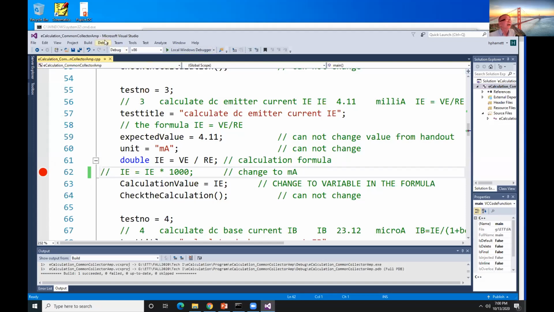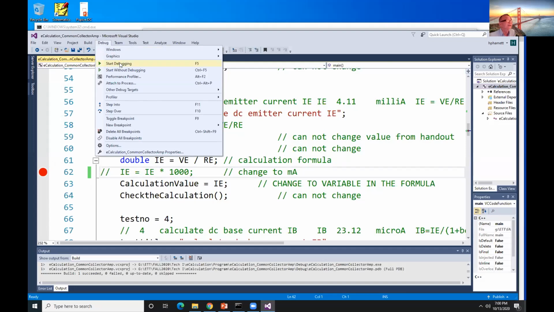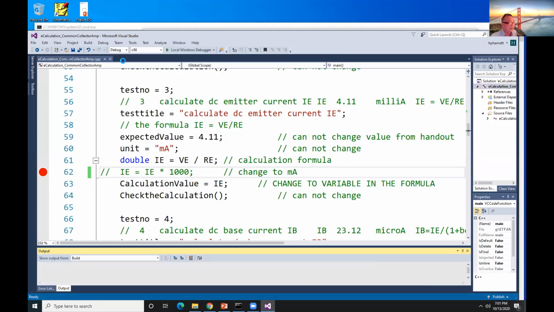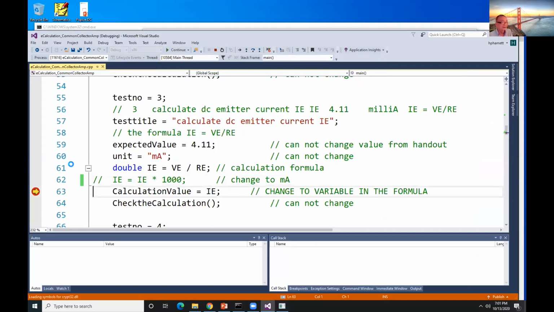You can see I go to Debug, start debugging. Okay, now you see that when I run up to here, it stops. If you look at the display here, it can tell you what the IE is, what the VE is, and the value from the calculation.